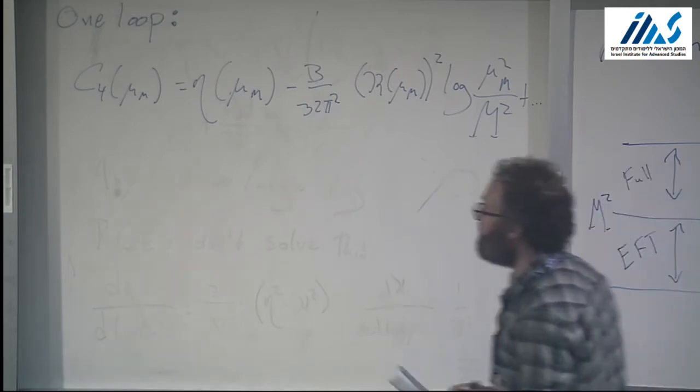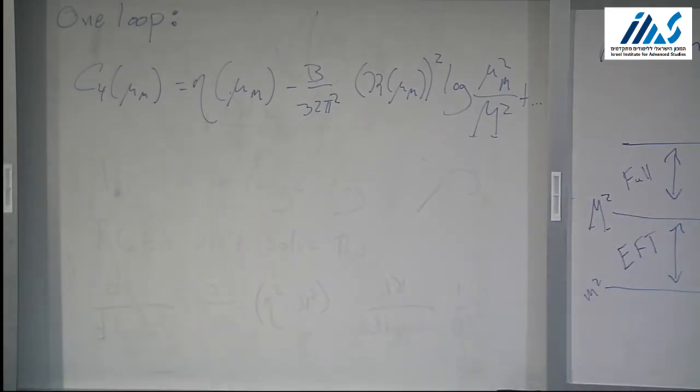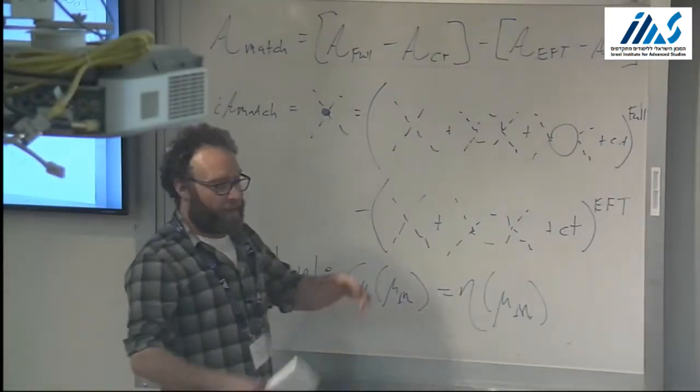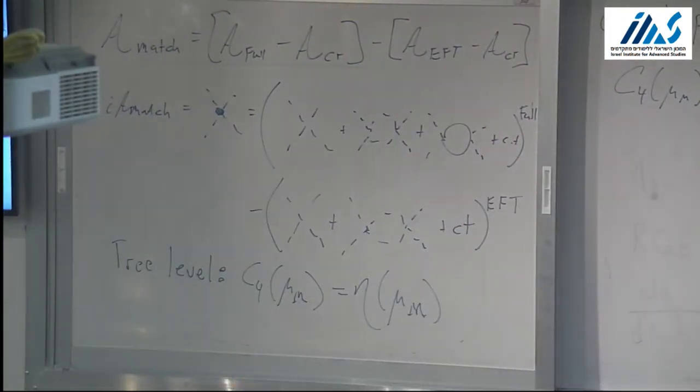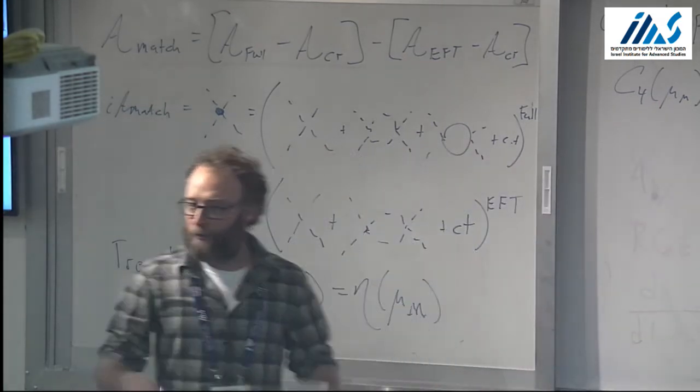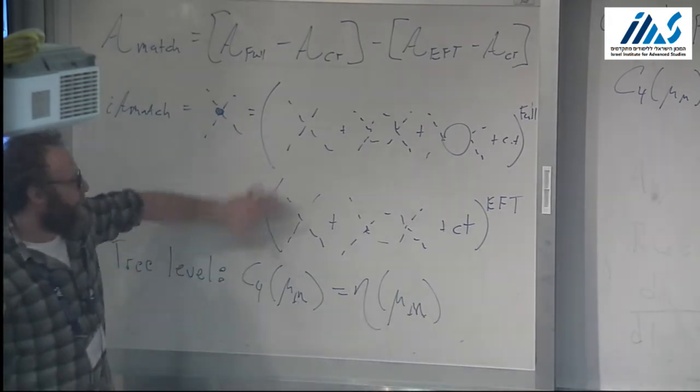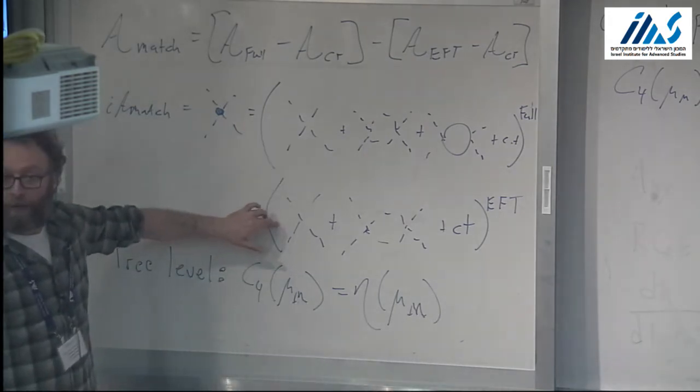I hope it's clear. Once I enforce this, these diagrams cancel, right? I'm, of course, also enforcing that my IR regulators are the same. And in this simple case, that's really just saying the mass of little phi is the same in both theories, right? So that regulates the IR. If you didn't want to regulate the IR that way, you could do it any way you like, as long as you regulate the IR the same in both theories, okay?